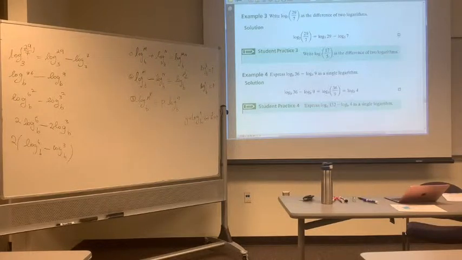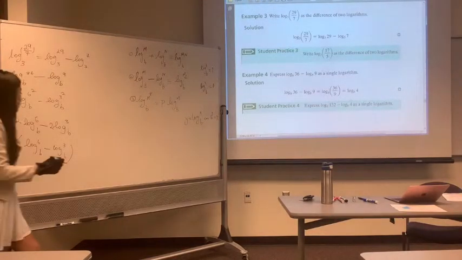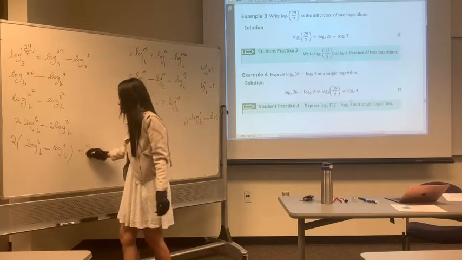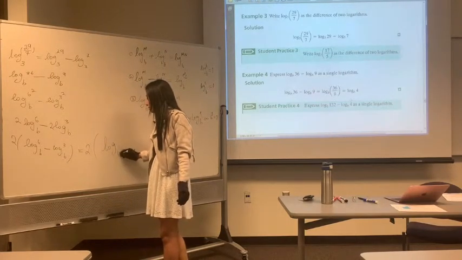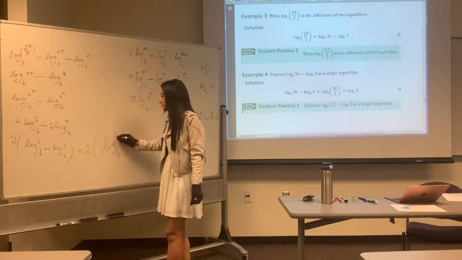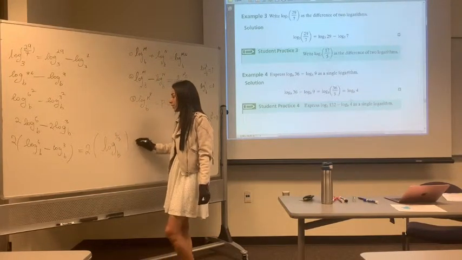So now inside the parenthesis, we have 2 logarithms subtracted from each other. We have the same base. We are going to follow the second rule. Okay? So we'll write down, keep the 2 outside. We will write down a log with the same base, 6 divided by 3.